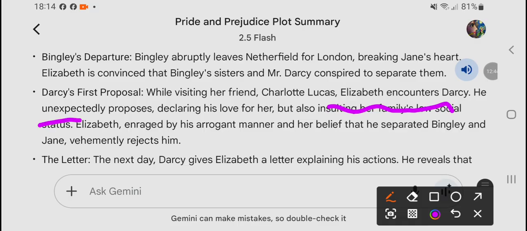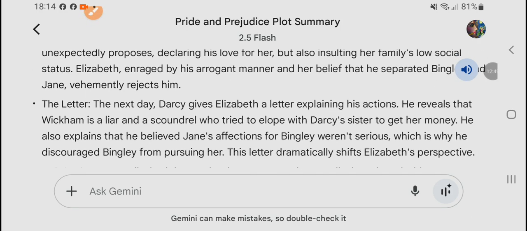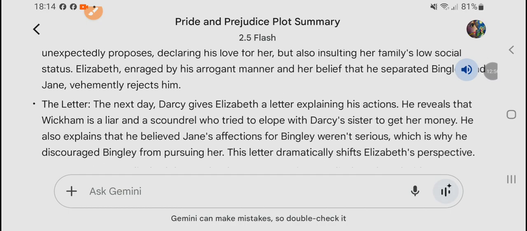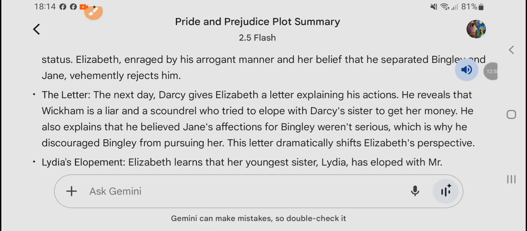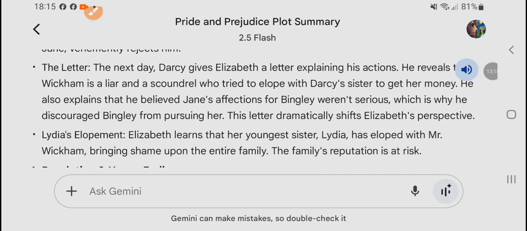So Elizabeth, enraged by his arrogant manner and her belief that he separated Bingley and Jane, vehemently rejects him. And she says that you conspired, and because of you, my elder sister Jane and Mr. Charles Bingley are separated. So he is alienated. Who? Mr. Darcy is alienated by Elizabeth.